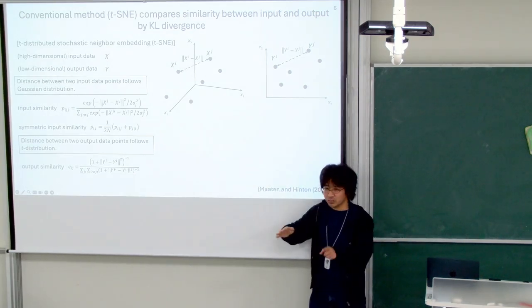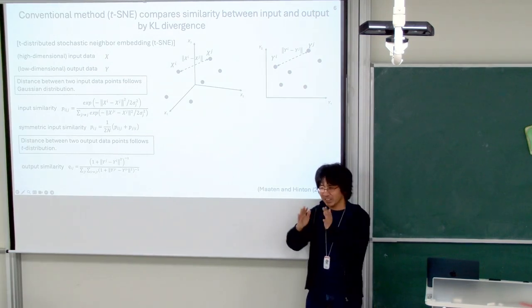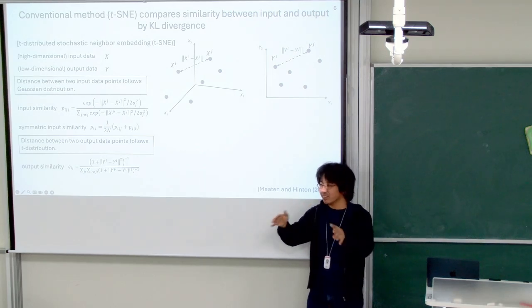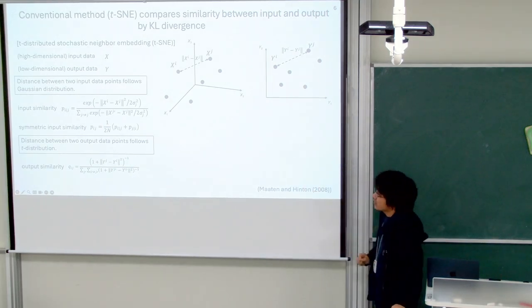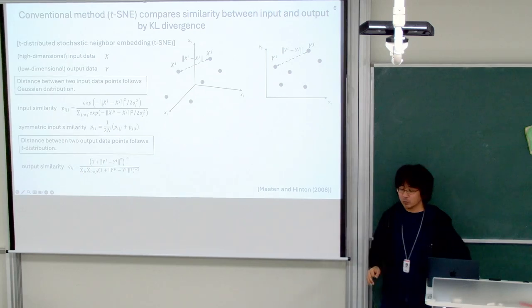A Gaussian distribution decays rapidly, so the data points can be crowded, but the t-distribution avoids the crowding problem.